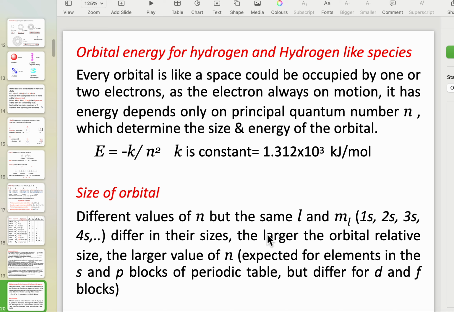Okay, different sizes. The larger the orbital's relative size, the larger the value of n. So whenever you have a big value of n, it means bigger size. This is expected for elements in the S and P blocks of the periodic table, but differs for the D and F blocks.